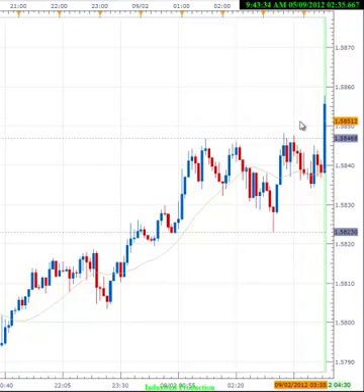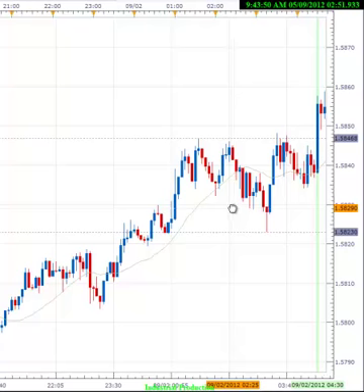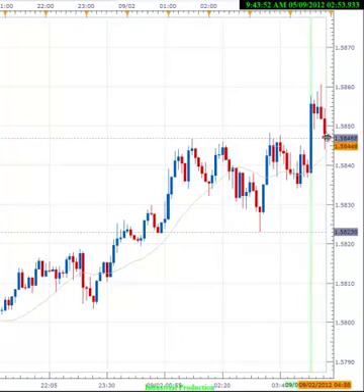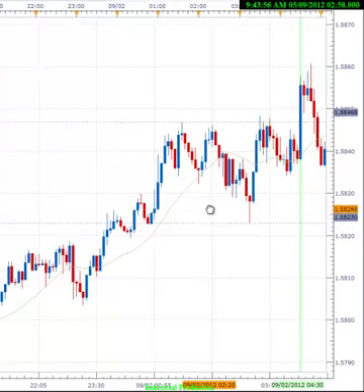I need to buy the GBP/USD, but not from the level it is at 5 minutes post news, which would be 5855. I'm looking to buy it from these support levels. Let's see whether I'd get an entry. Here you are, I would have got an entry long, and let's see what happens after that.